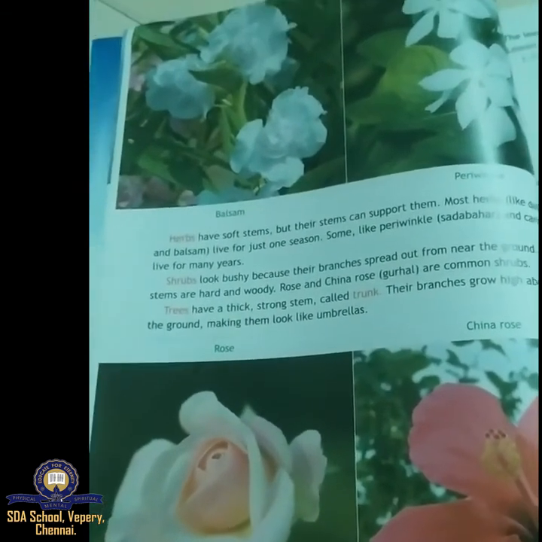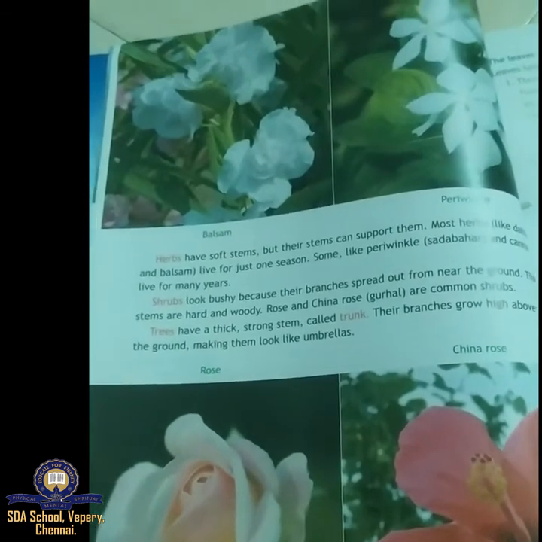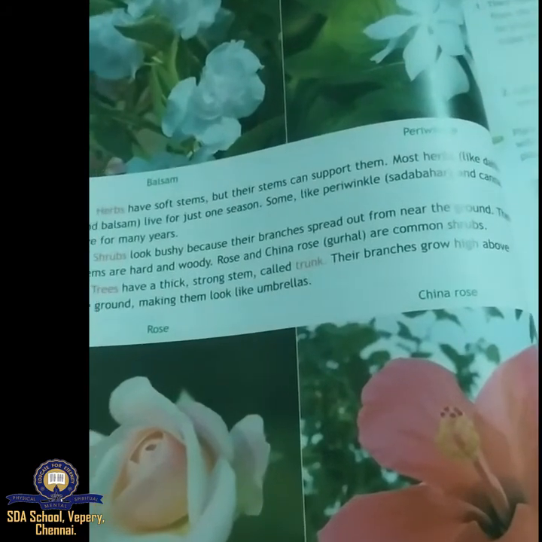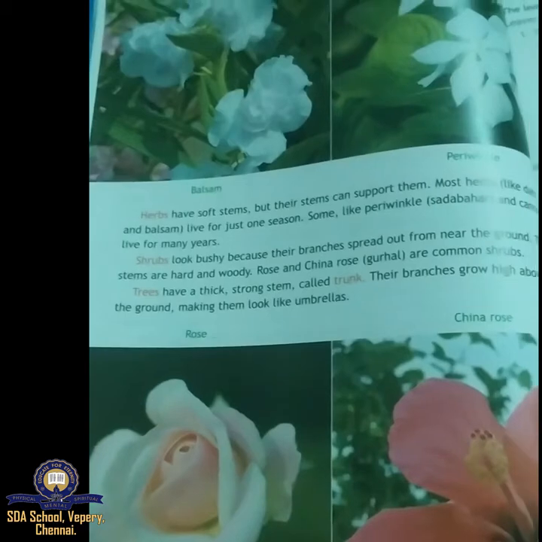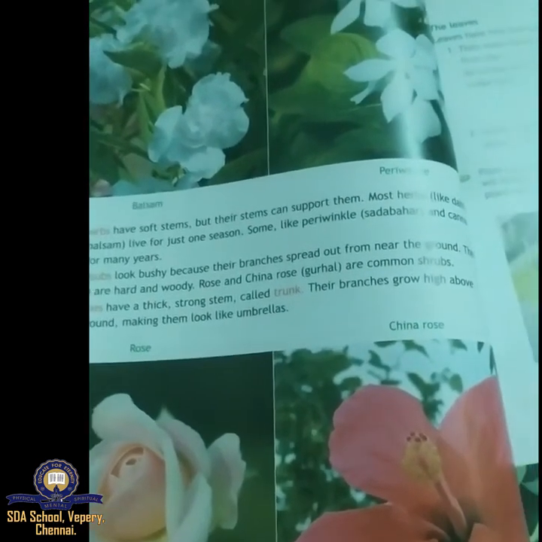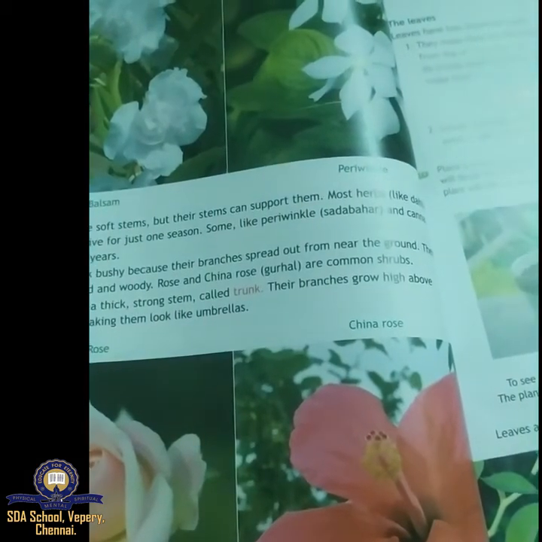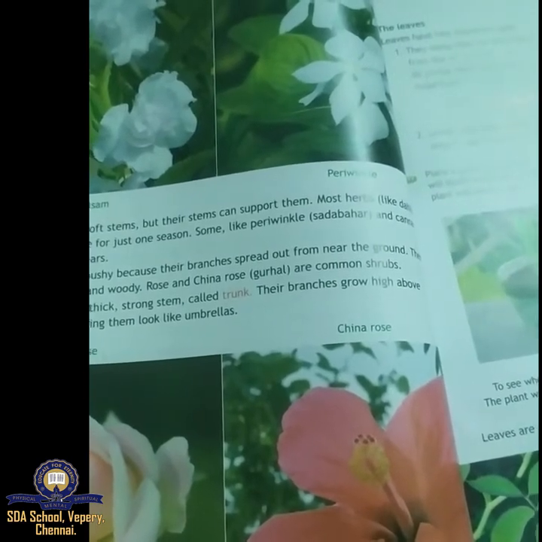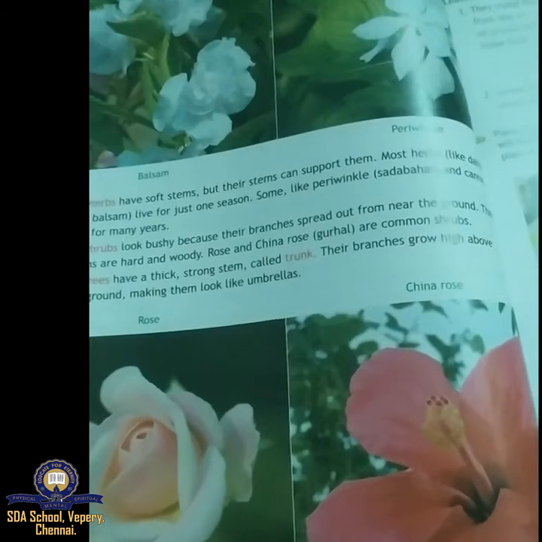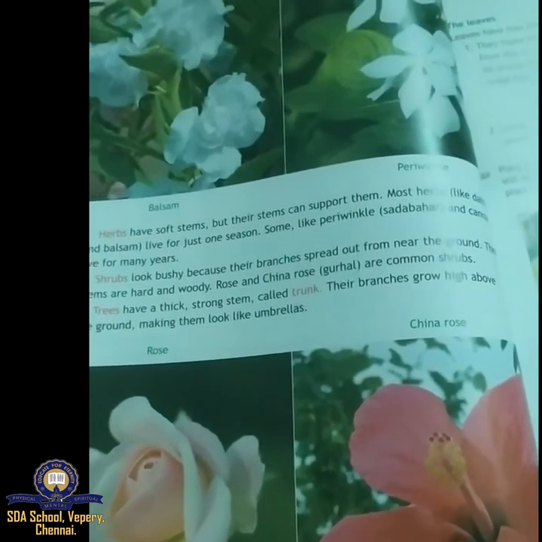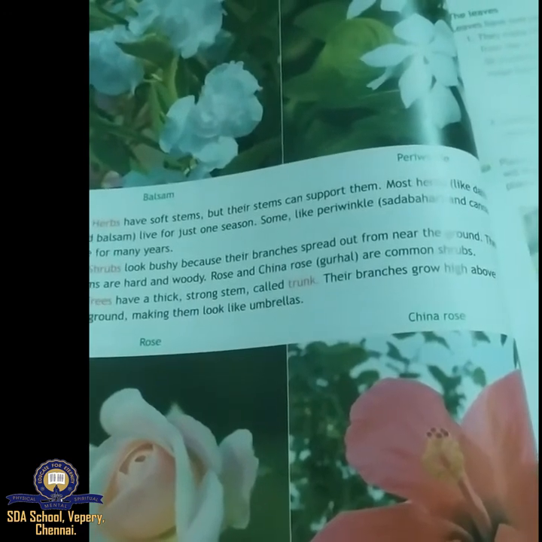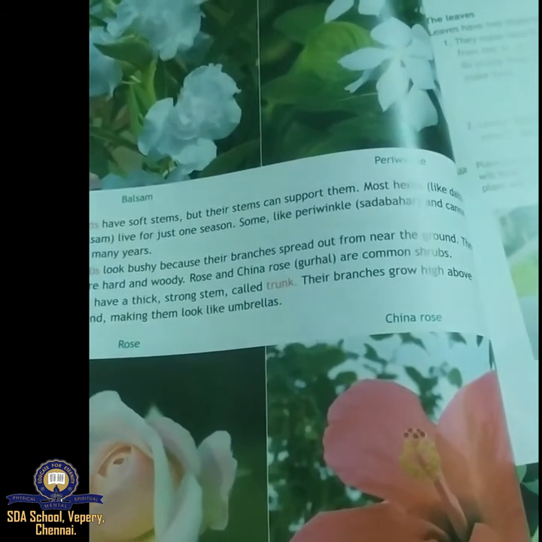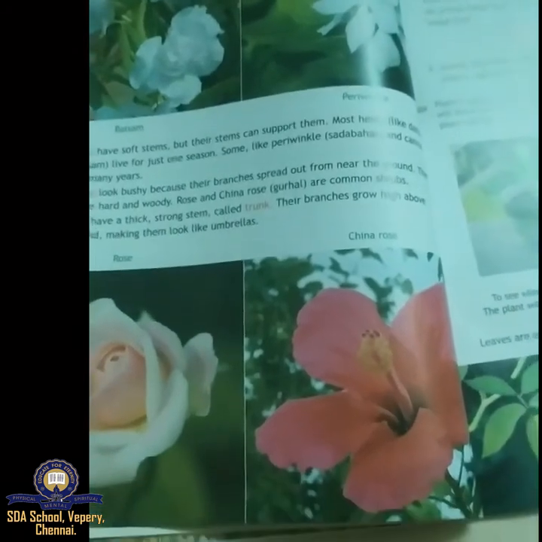The stem of herbs and shrubs is called a stem, but the tree stem is called a trunk. The branches are high above the ground, thick and very wide, and the leaves are very widespread. The branches look like an umbrella.